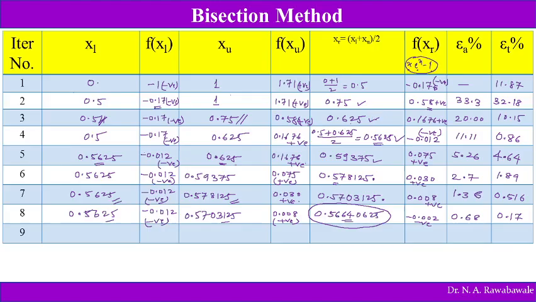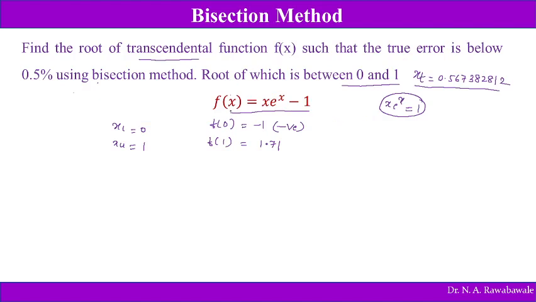So we can see what is given in this problem. This is the function, the root lies between these, and the true error must be below 0.5. The true value, or true root, of this function is given here, which is 0.567382812.